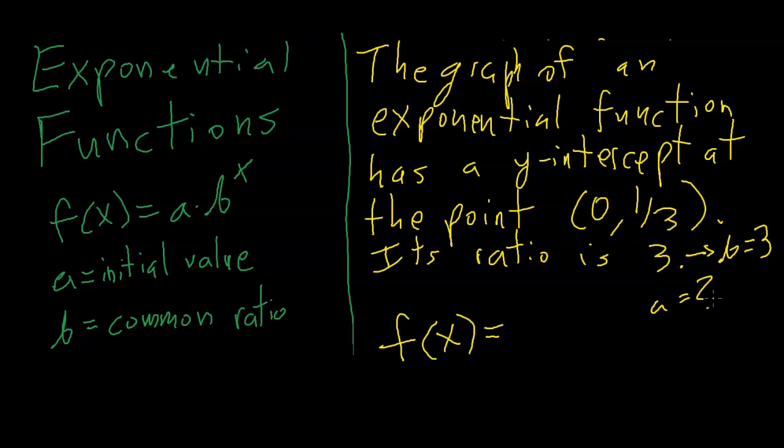So similarly, the initial value of an exponential relationship is the value at the y-intercept of the graph. If we have a y-intercept at x equals 0 and y equals 1/3, that means the initial value is 1/3.